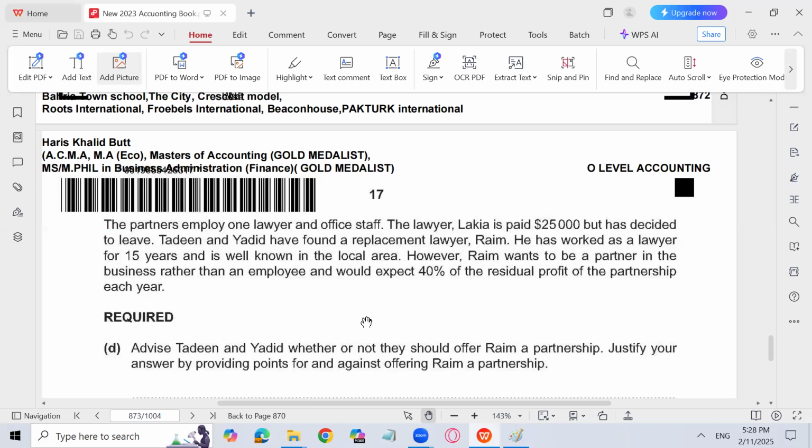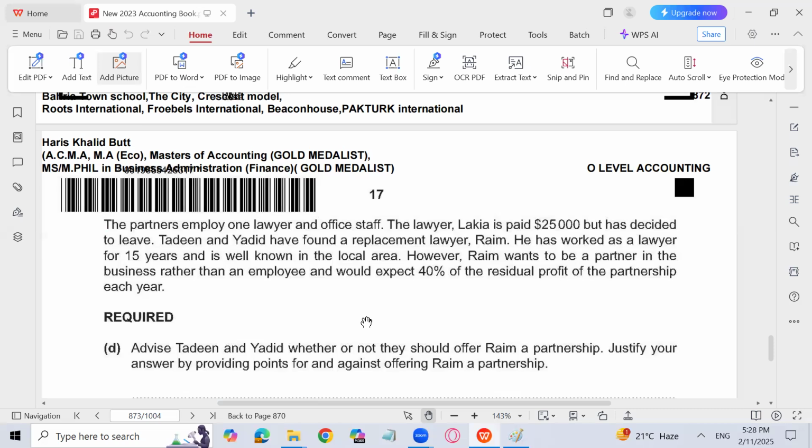But overall, if he is going to work as an employee, and he is ready to take the $25,000, then we will appoint him as an employee because the profit margin of 40% will be much higher actually.